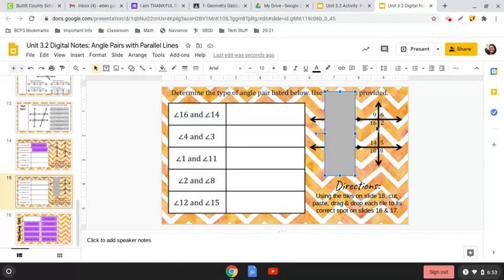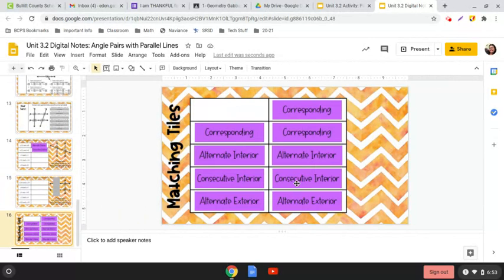Well, 16 is on the inside and 14 is on the inside. And then are they on the same side of the transversal or are they across the transversal from each other? These are going to be on the same side. Here's our transversal. They're on the same side. So they're interior and on the same side, so they're going to be consecutive interior.